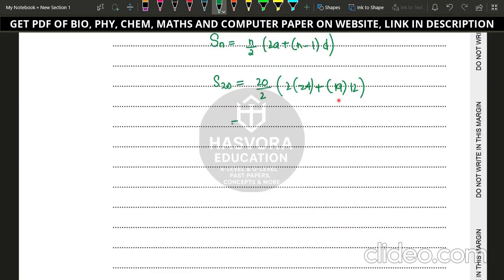This will become 10 into 2 into 24 is 48, and then 19 into 12 is 228. So plus 228. So 228 plus 48 will be 276. 276 into 10 will be 2760, and this is your summation of the 20 terms of the progression. And this is your answer.